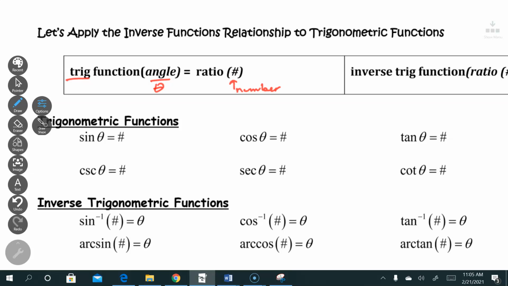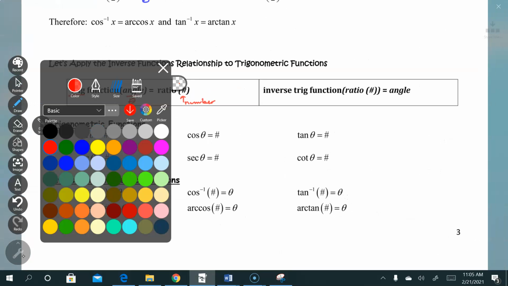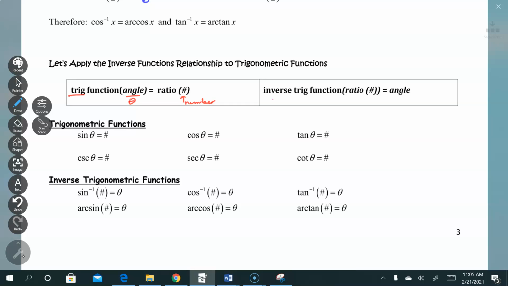Now when we do inverse trig, it's the other way around. Things get switched. Then when we do inverse trig, this is a number, and what we're looking for is an angle theta.